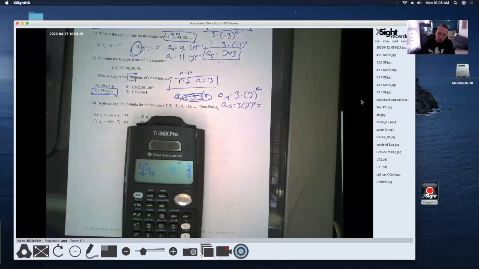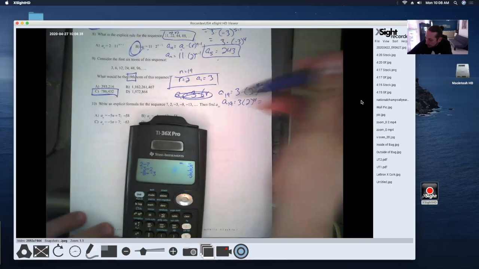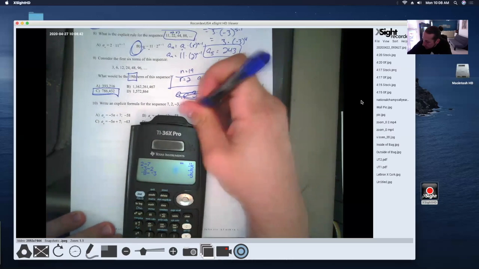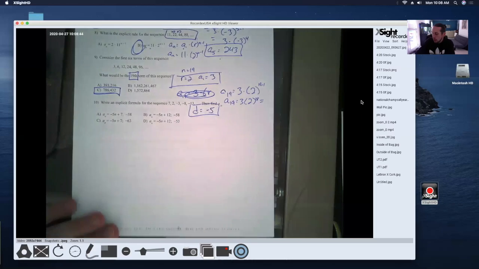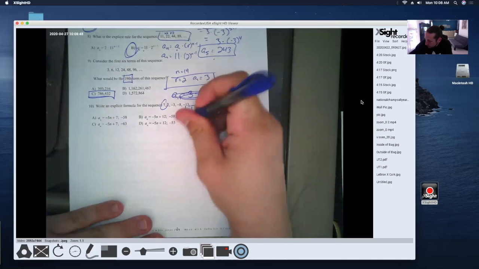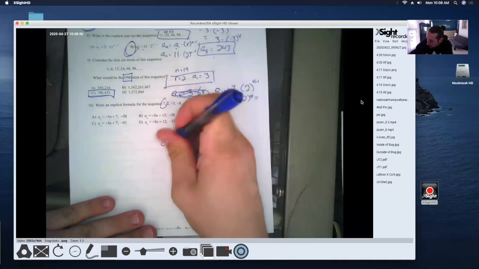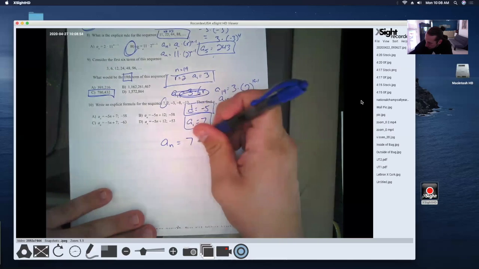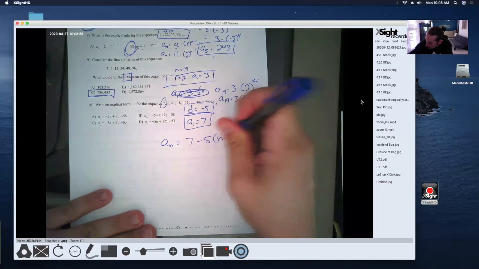Okay, so just going through, you can see the pattern here. I find out that my common difference is -5. I also know that a_1 is 7. So I can write my formula. a_n equals a_1, 7 minus 5, times (n minus 1).